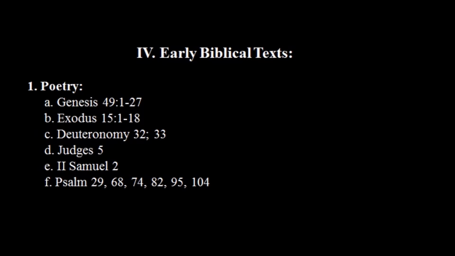So if you go to Psalm 29, which is found on page 1443, if you look at the picture of God in this psalm, it is a very early idea about God.